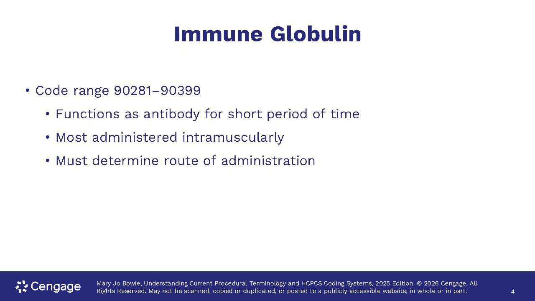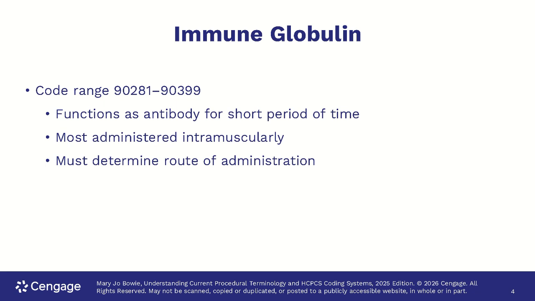Starting this subsection off is immune globulins. An immune globulin functions as an antibody for a short period of time. This passive immunity occurs as the immune globulin circulates through the body.